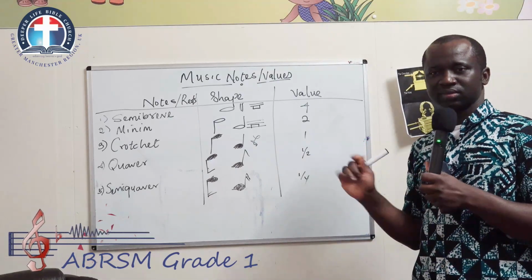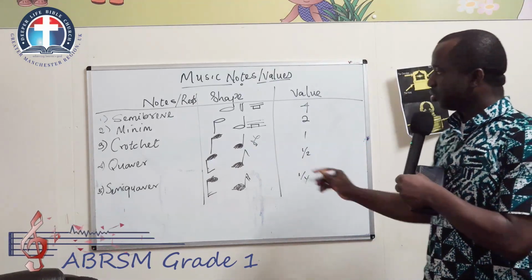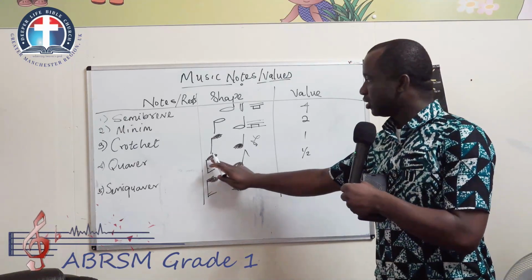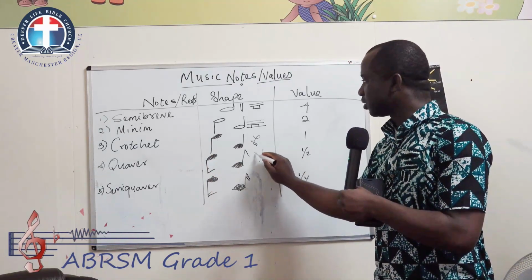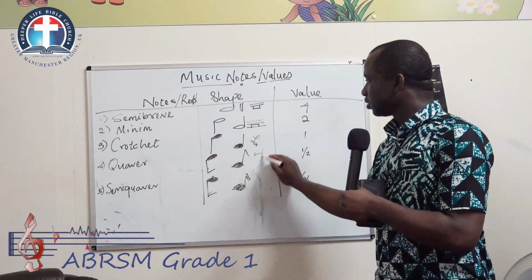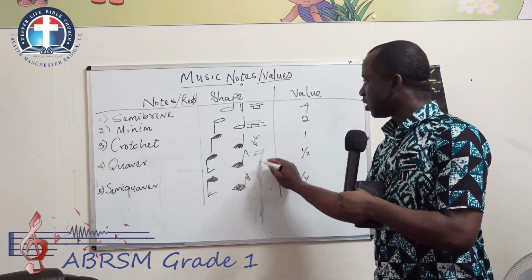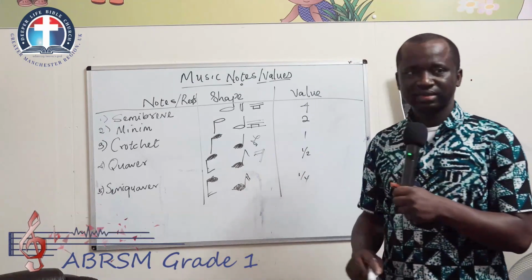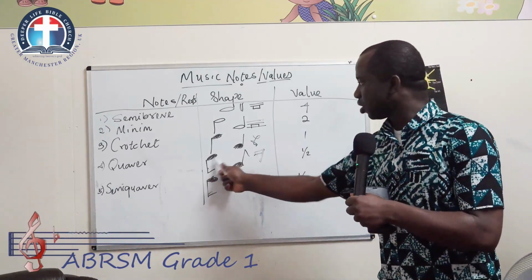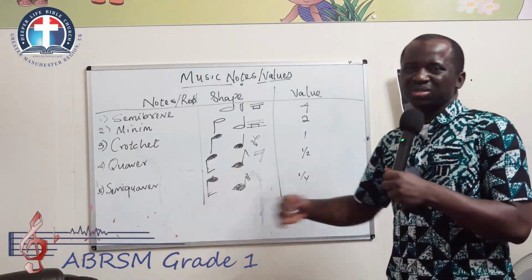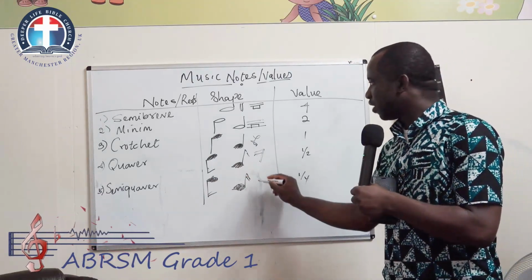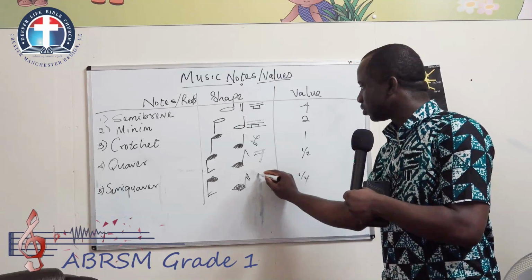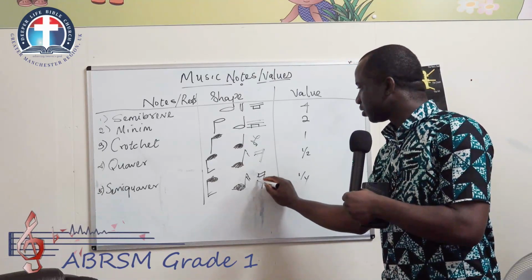So it's like a flag. But you see, this one is turning here, but this one is turning there. So it's only one head because it's one tail. For the semi-quaver, since it has two tails, you have two heads.